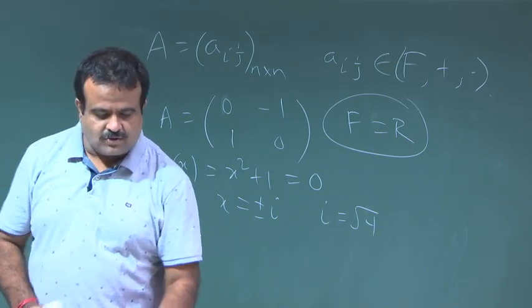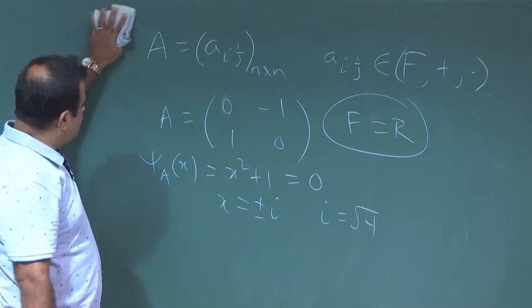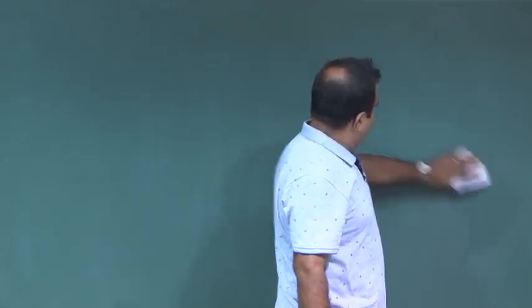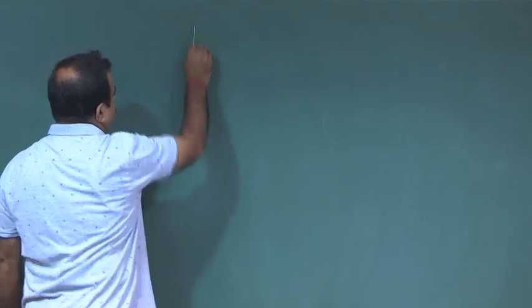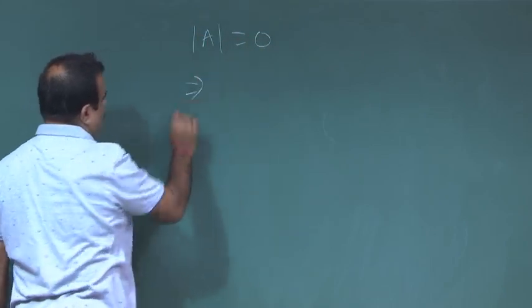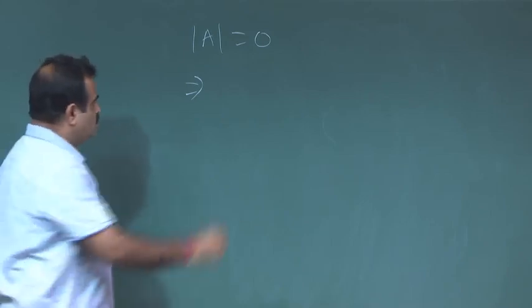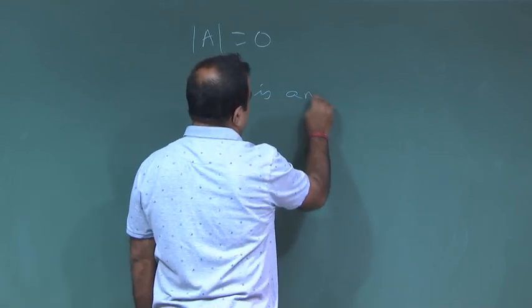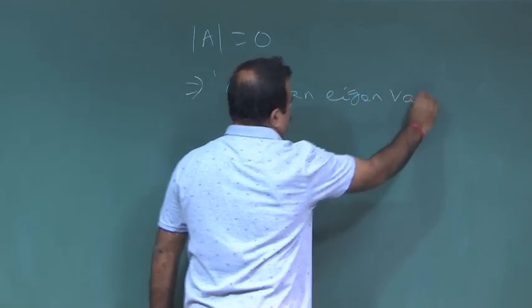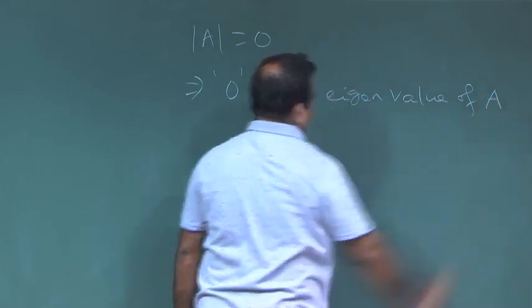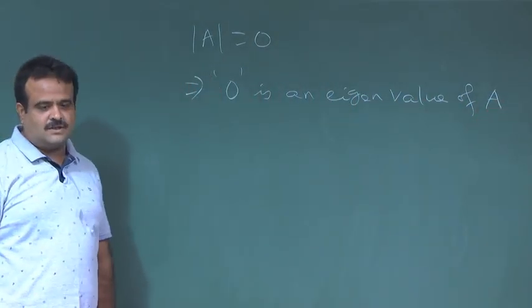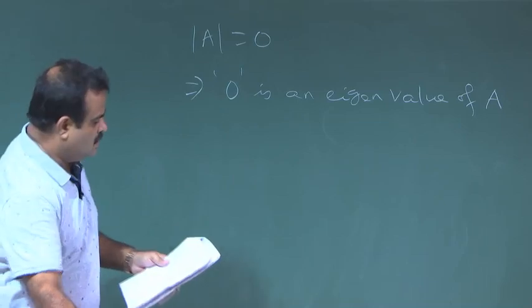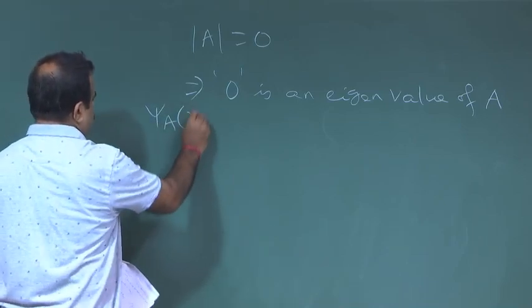And in the last class we have also seen that if we have a singular matrix, if the determinant of this matrix is 0, then 0 is an eigenvalue of A. This is because we have seen from the characteristic equation, the product of the eigenvalues.